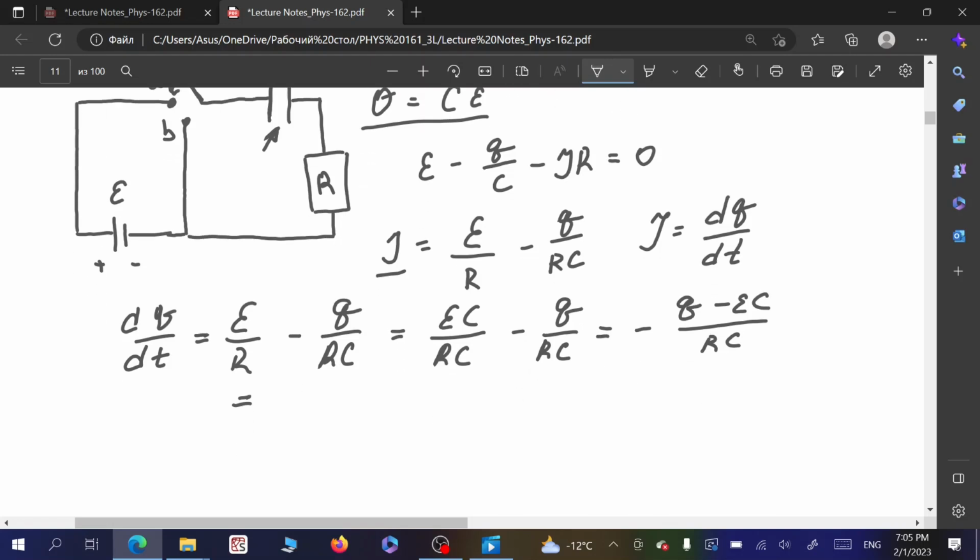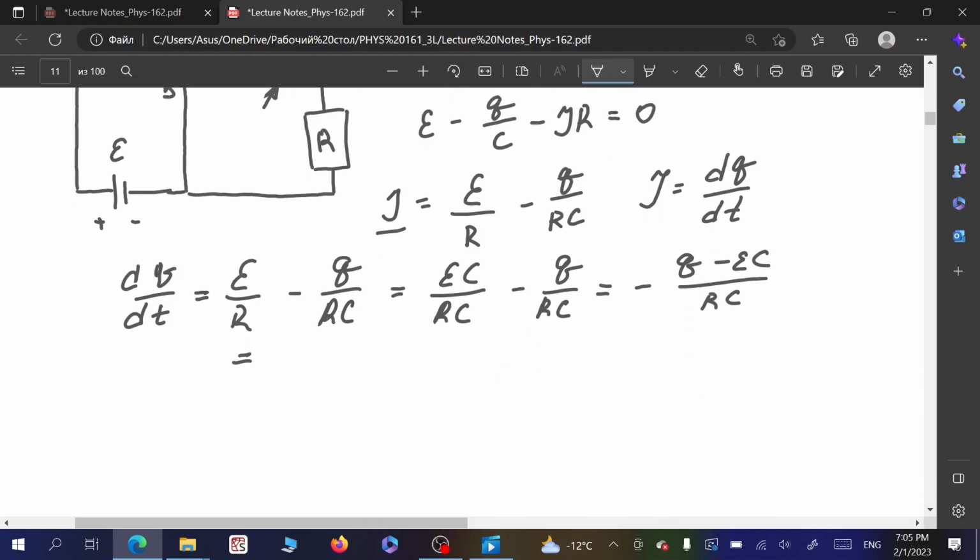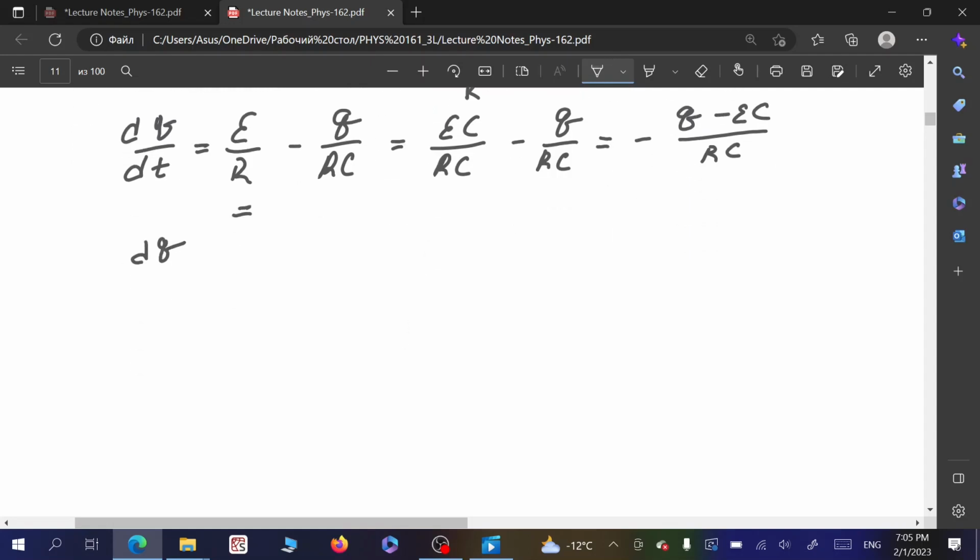So now we have a differential equation with separable variables. So we rearrange them. We have dQ over Q minus epsilon C, and that is equal to minus unity over RC dt.